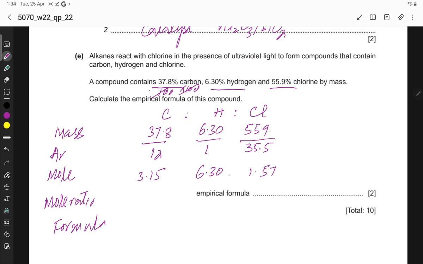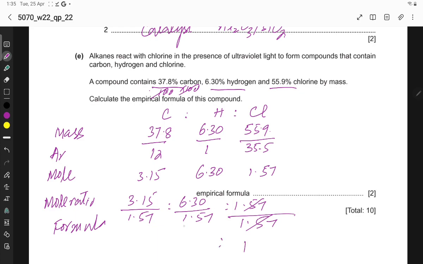So for the mole ratio, dividing by the smallest mole: 3.15 divided by 1.57, 6.30 divided by 1.57, and 1.57 divided by 1.57. So this is equal to 2, this mole ratio is 4 and this is equal to 1. So the formula is C2H4Cl.